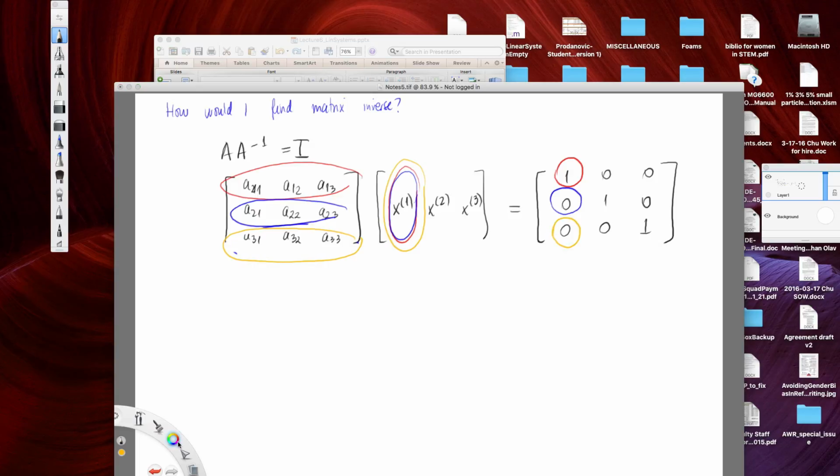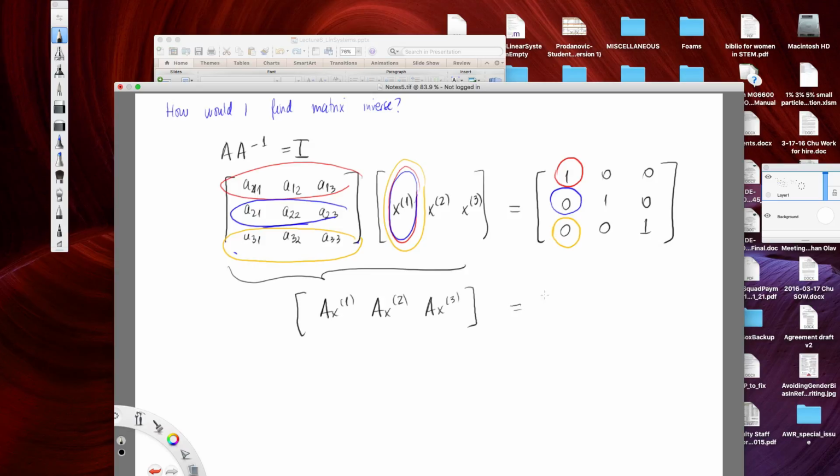So effectively, this product here is matrix A times x1, matrix A times the second column, x2, and the third column here. So this is just matrix multiplication. Is this clear? So basically this is how I would multiply matrices.